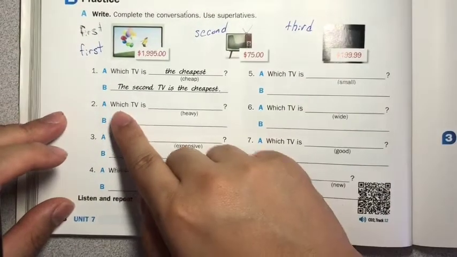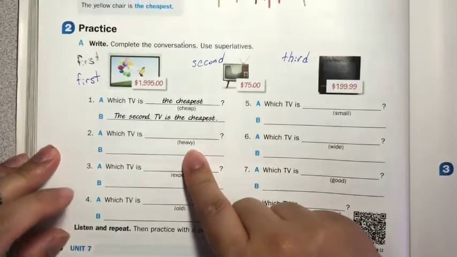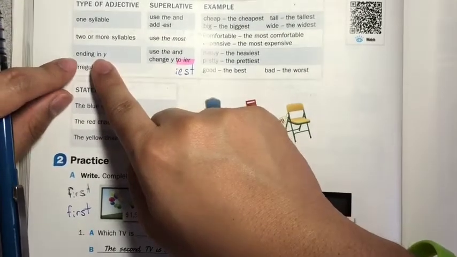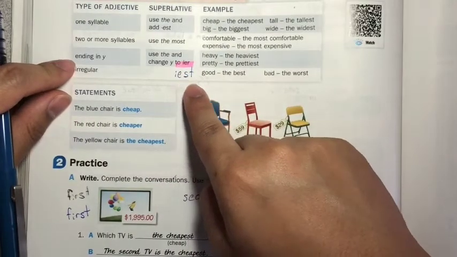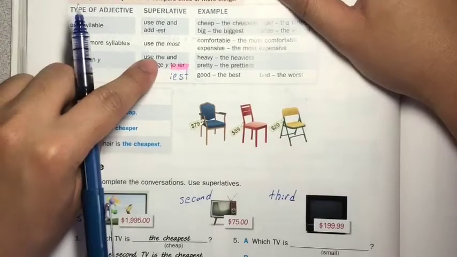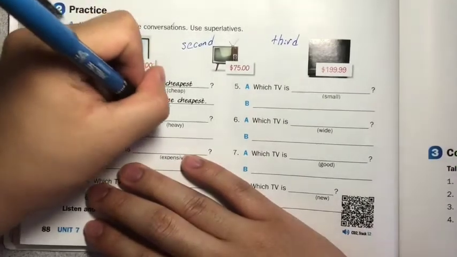So number two, which TV is heavy? Heavy ends with the letter Y. So what happens with the letter Y? We change Y to IEST. And we also write the in front of heavy. So we write the heaviest.